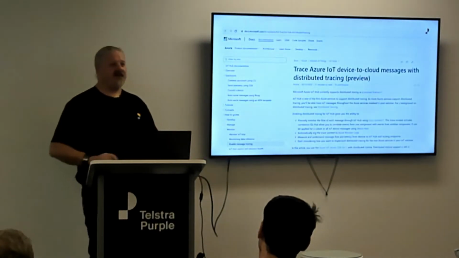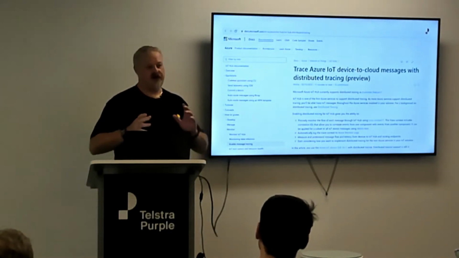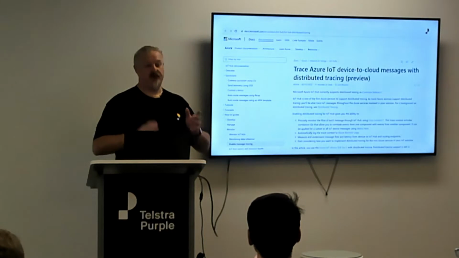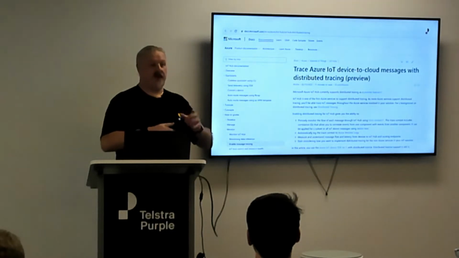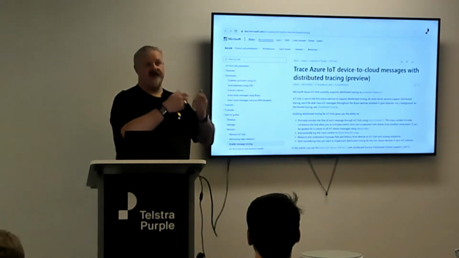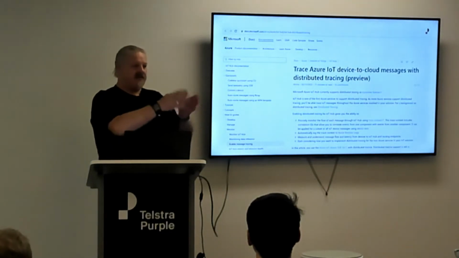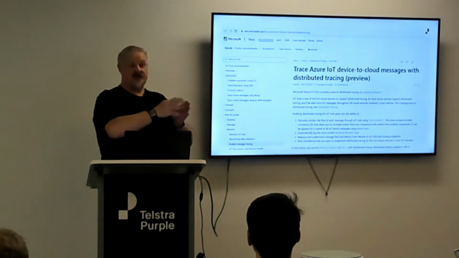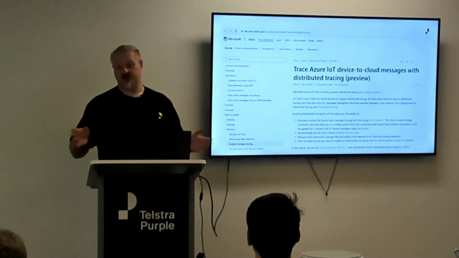This is the IoT bit. It is now being built into things like Azure. Azure now has built-in W3C trace telemetry being put out by the IoT cloud, edge devices and so on. When you get a message from a sensor or whatever, it'll tag a trace correlation identifier that'll then go through, and they're pushing this through the whole Azure stack.